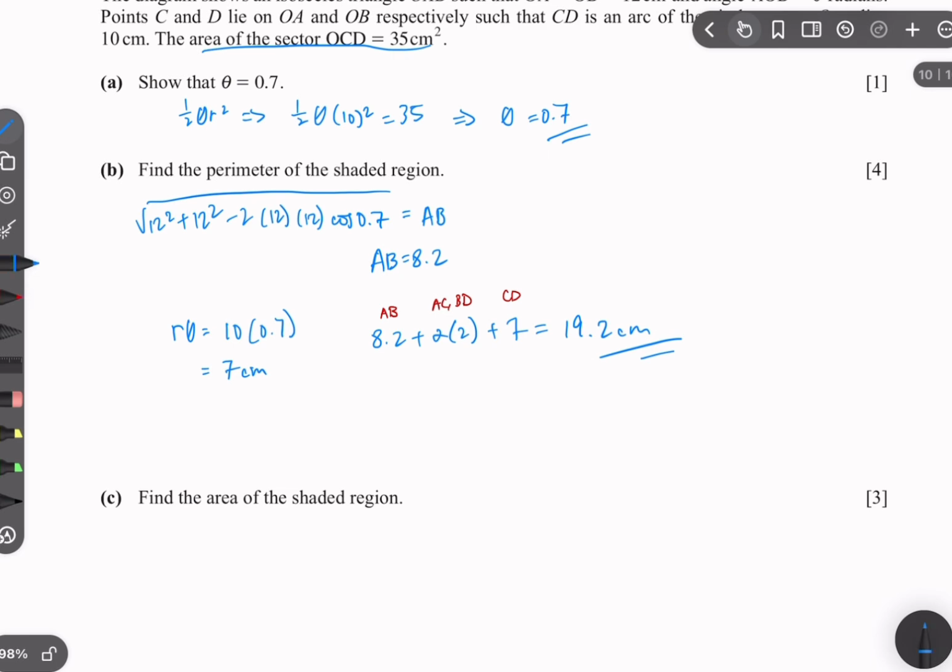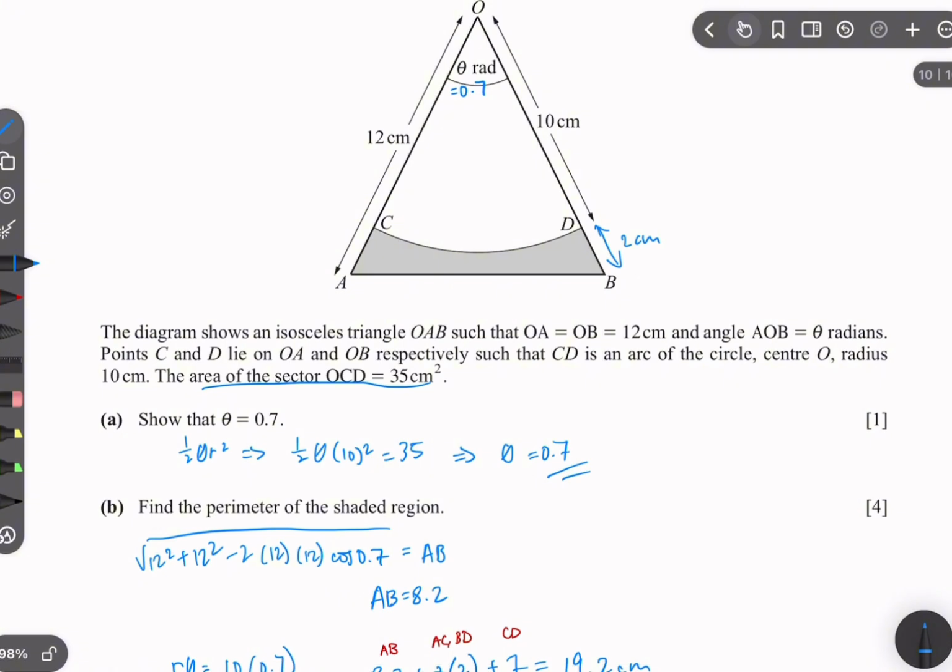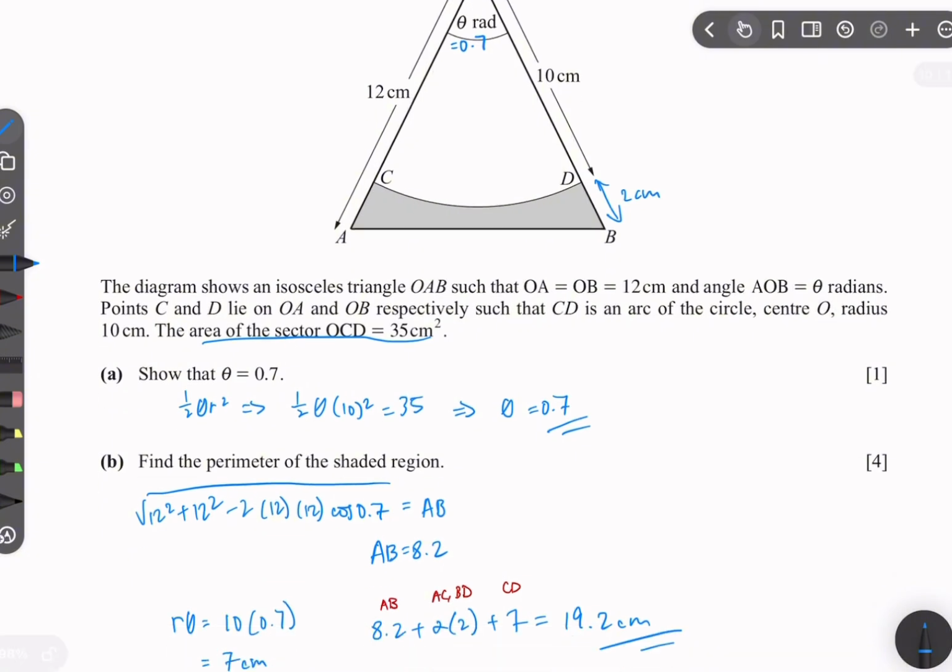Okay. Part C, find the area of the shaded region. So we can first find the area of the entire triangle, and then subtract the area of the sector, which is already given in the question, and it's 35.